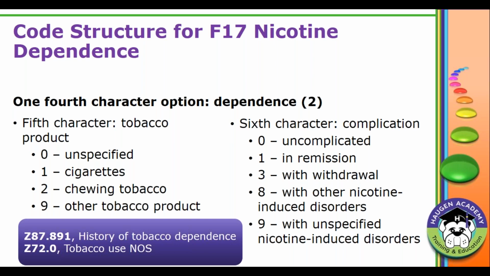So if you're coding an F17 code, then you are reporting that this patient is addicted or dependent on nicotine and tobacco products. The fifth character for category F17 is the tobacco product itself. And there's always an unspecified option. There's also cigarettes, chewing tobacco, and other products.